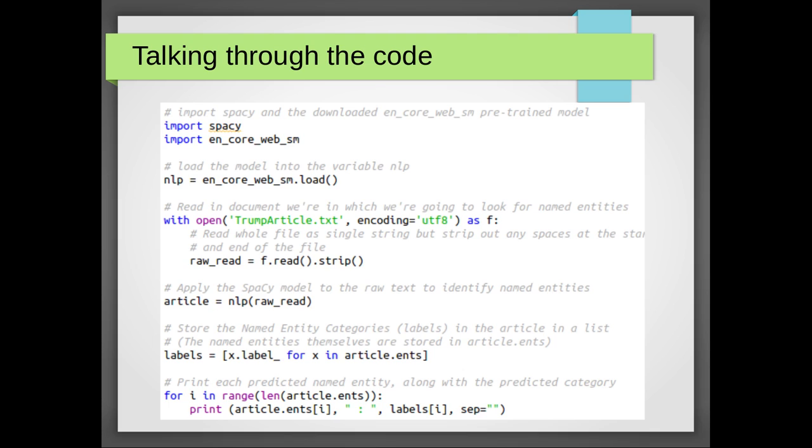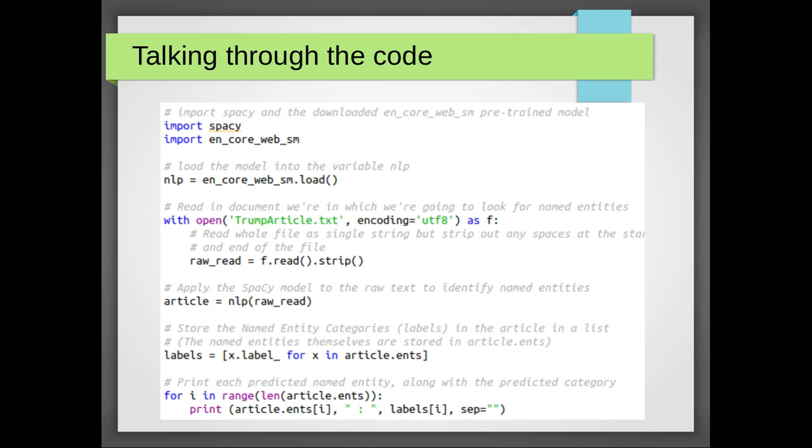So now we've loaded up the model that we're going to use, the pre-trained SpaCy model, and we've loaded the text file that we want to analyze into a variable called raw read. This next line of code does all of the magic for you. I'm storing the results in something called article.